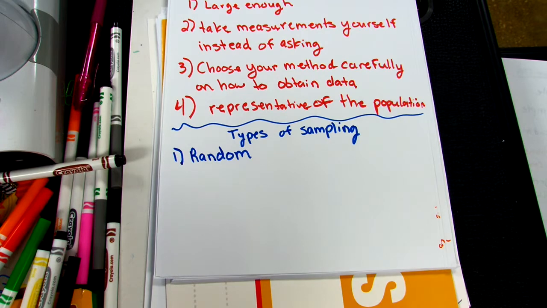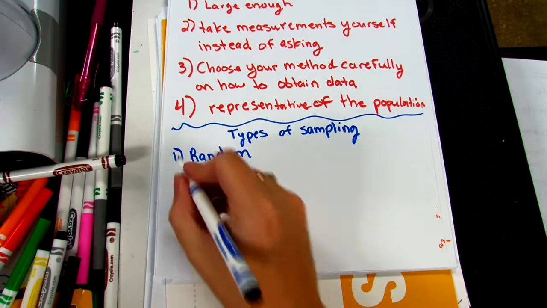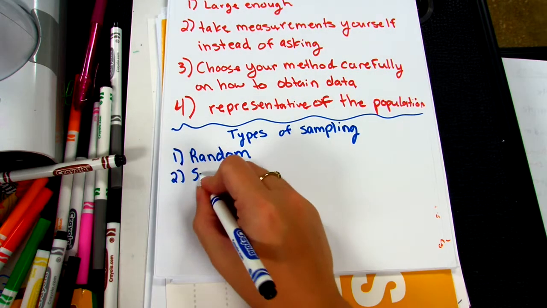Let's say if I wanted to call on a volunteering class, I'm going to randomly draw a name out of a bucket. So like a random number generator, like in bingo, is used to determine who is going to be next. Whoever the number is, they get it. Okay, so that's random.